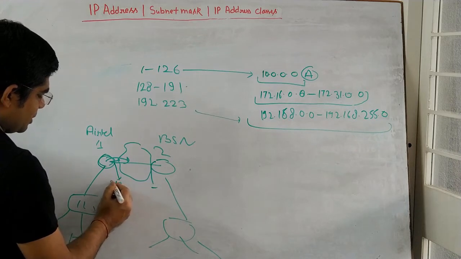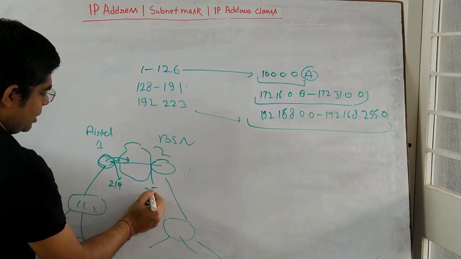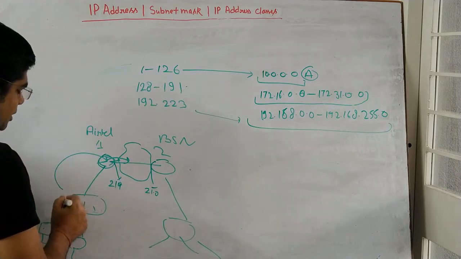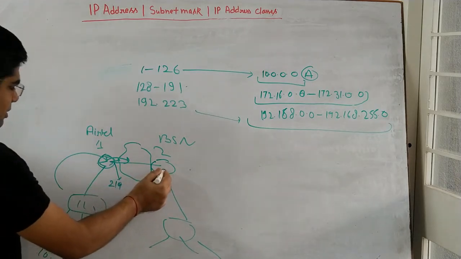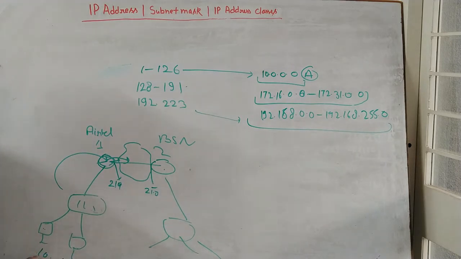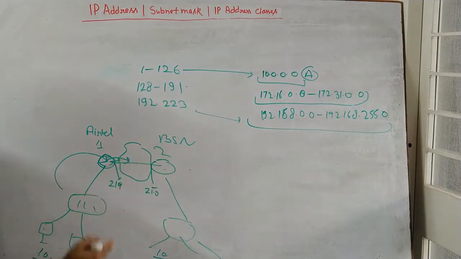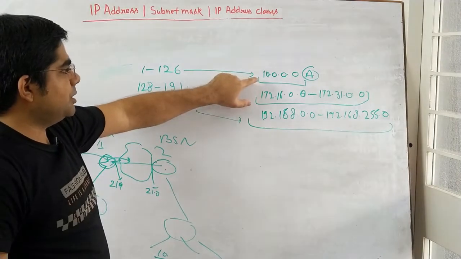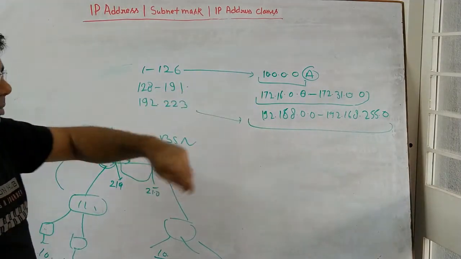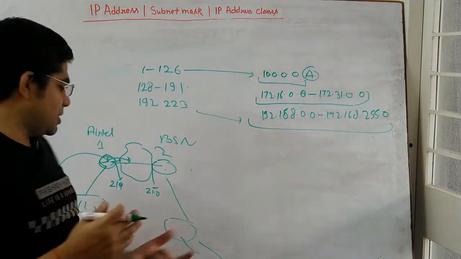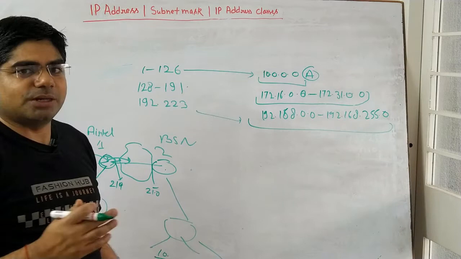If we use the 10 range here and the other organization also uses the 10 range, you can have duplicate addresses, unlike public IPs, where your ISP does not give duplicates.